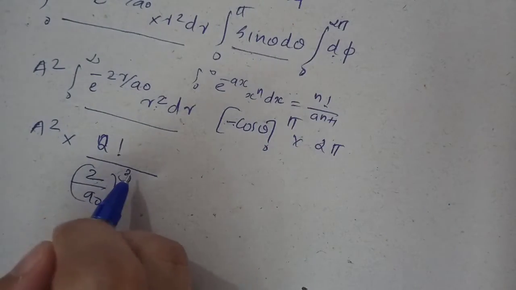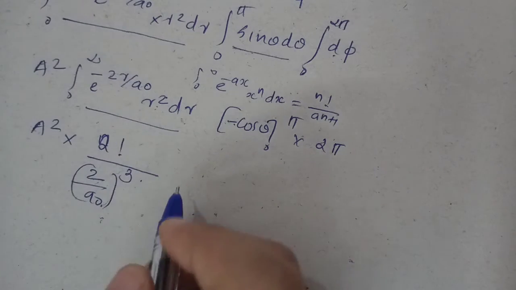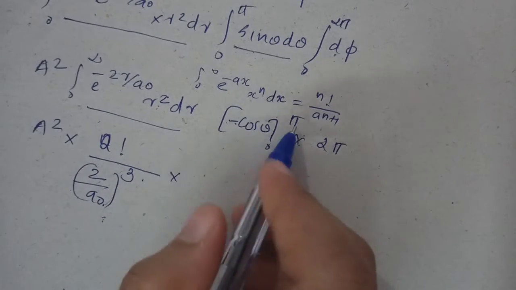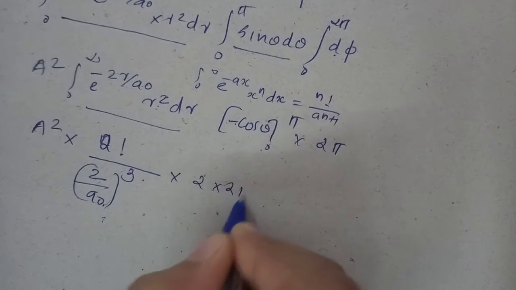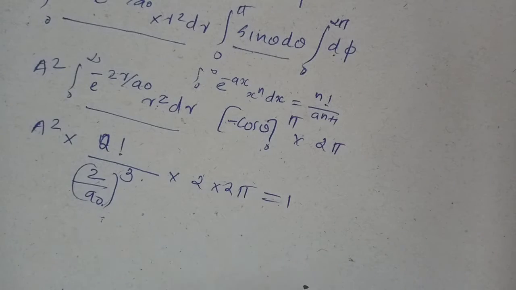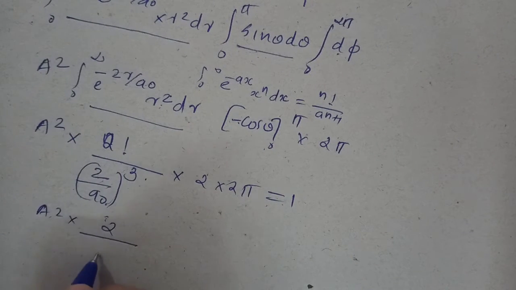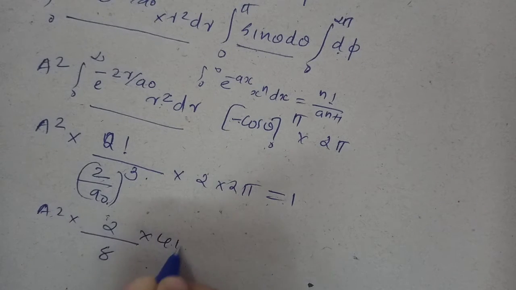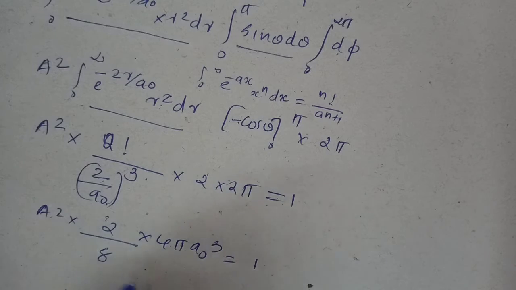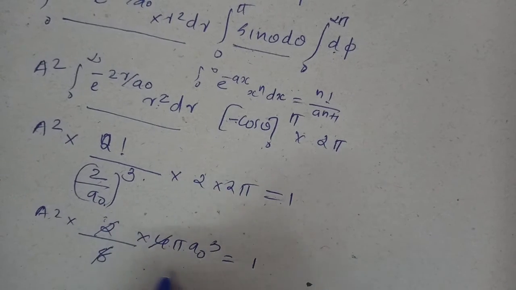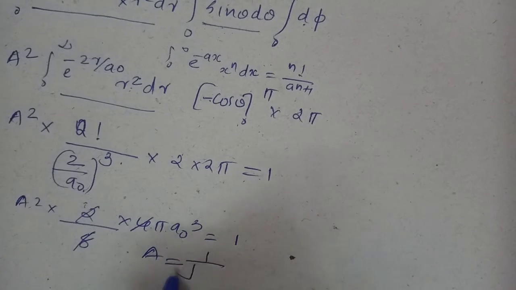Here we get 2 factorial divided by (2 by a naught) all to the power cube, and cos theta, that is 1 minus 1, and 2 into 2 pi is there, so that is equal to 1. So a square into 2 divided by 2 cube is 8, and also there is 4 pi, and a naught will be given there. So we get a is equal to 1 by under root pi a naught cube.